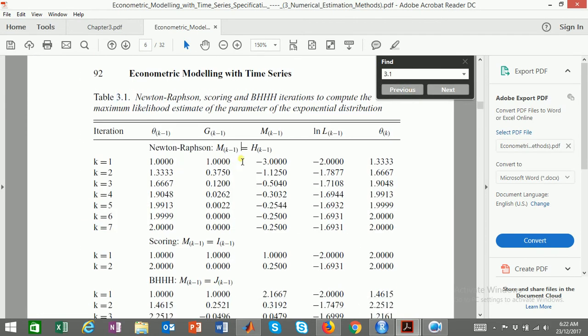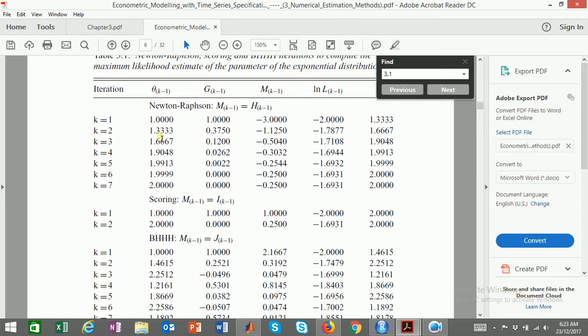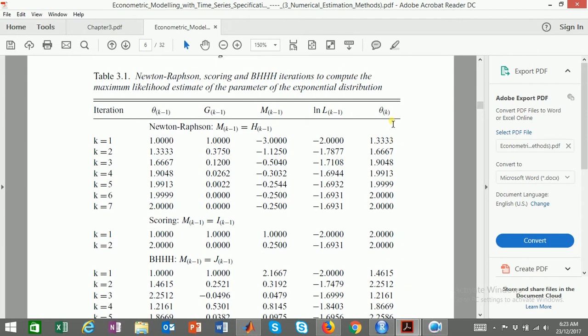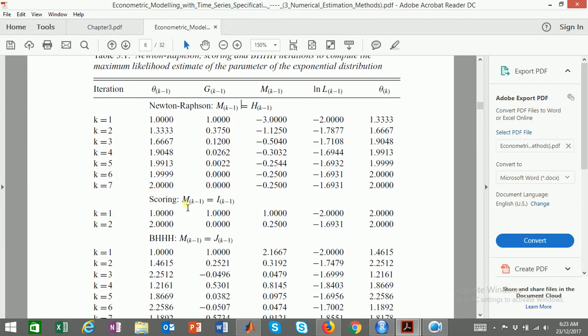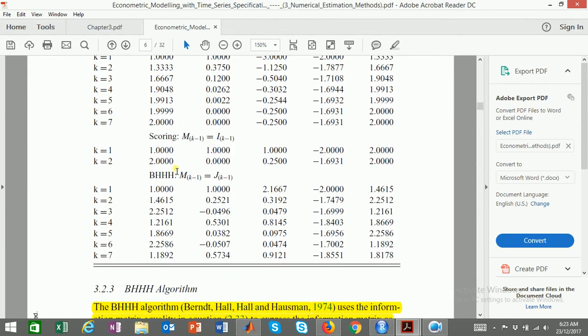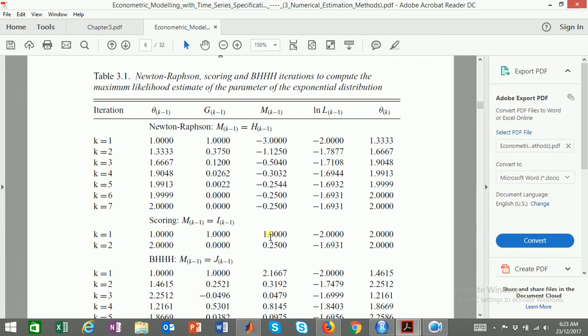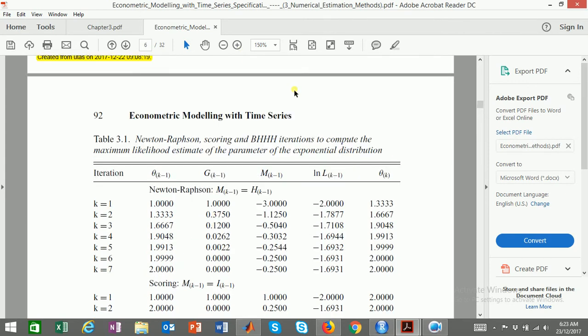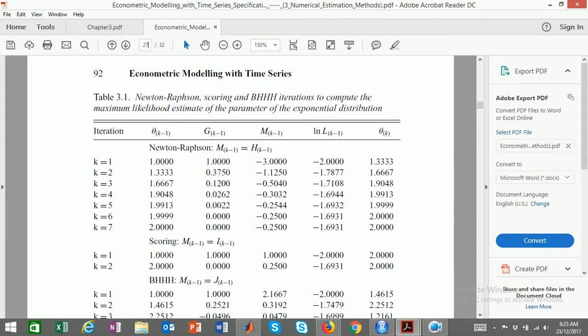This table 3.1, where theta k minus 1, gk minus 1, mk minus 1, log k minus 1, theta k, all these are estimated with Newton-Raphson scoring and BH3. Okay, so we're just gonna do that. This was page 6, and we're going back to 27.